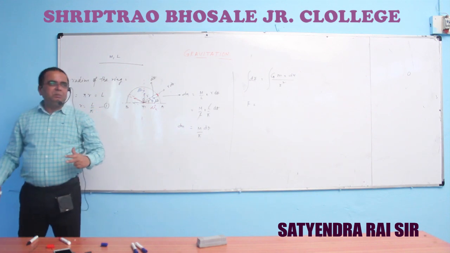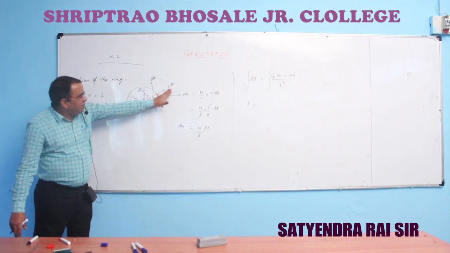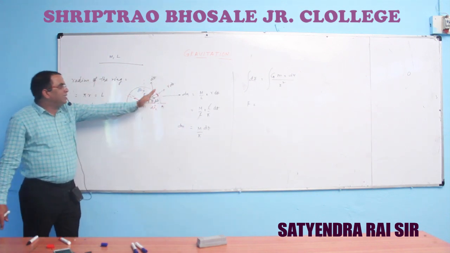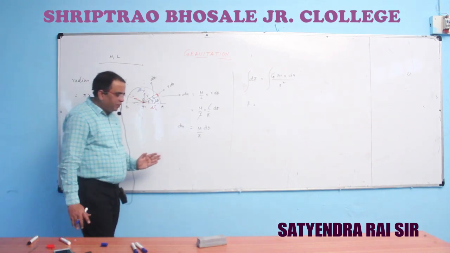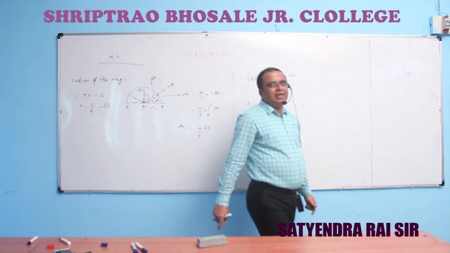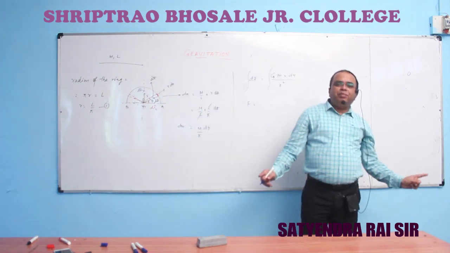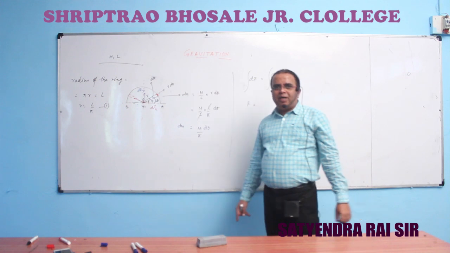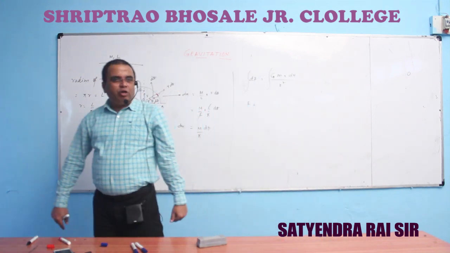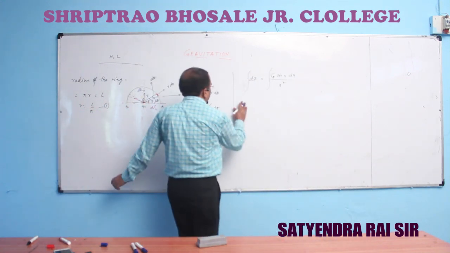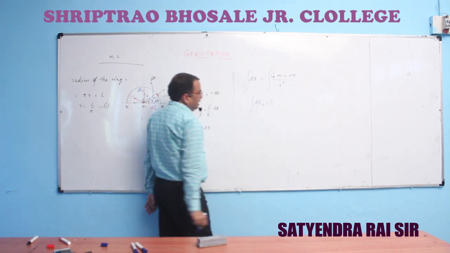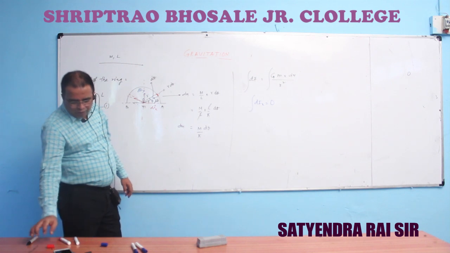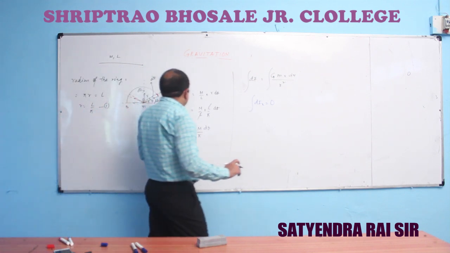The reason is very simple, because every element on the right side has a counter element on the left side, and its component on the x-axis will cancel the component of the second identical part on the other side. So there will be no force along the x-axis, or we can say the integration of dfx will be 0, but the only force that exists will be dfy.